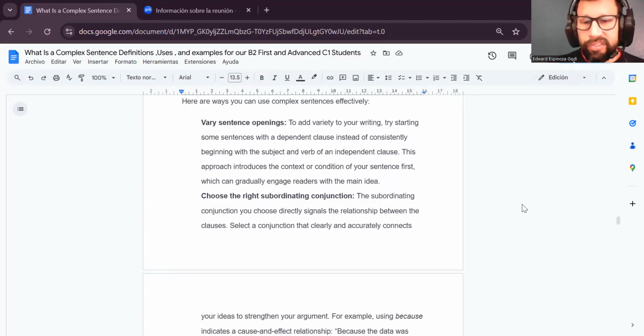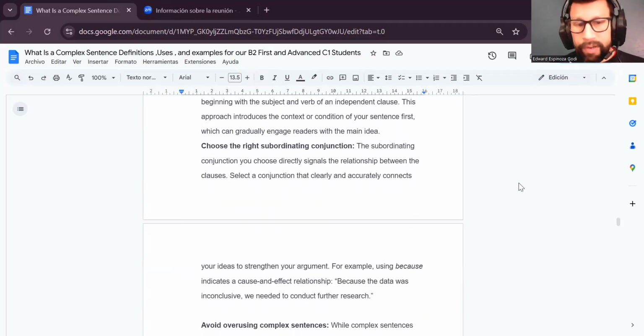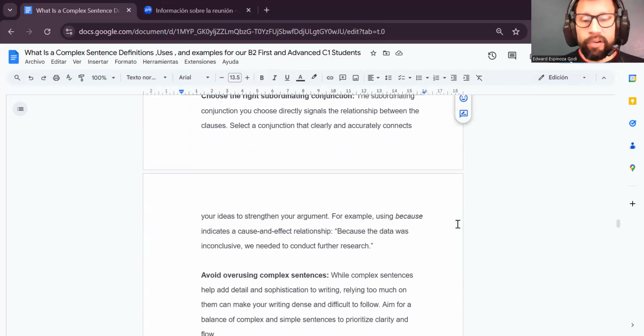Second, choose the right subordinating conjunctions. The subordinating conjunctions you choose directly signal the relationship between the clauses. Select a conjunction that clearly and accurately connects your ideas to strengthen your argument.